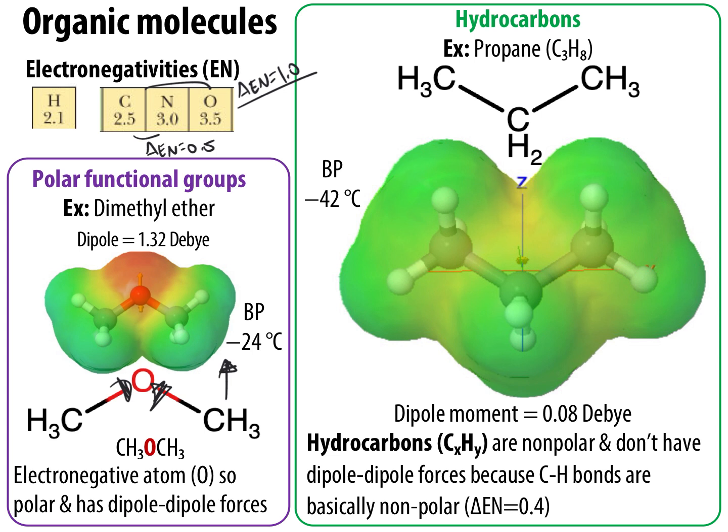We can see the difference in the boiling point. Propane doesn't have dipole-dipole forces, and so it has a bit lower boiling point. Dimethyl ether has these extra dipole-dipole forces, which causes it to have a bit higher boiling point. Not a huge difference, but a little bit higher because of those extra forces.